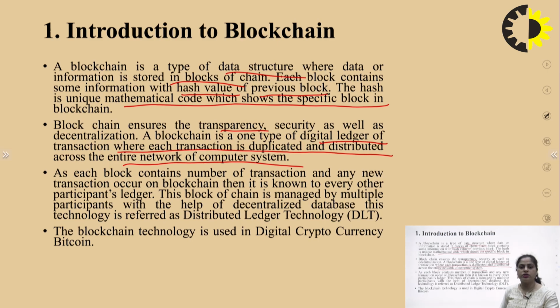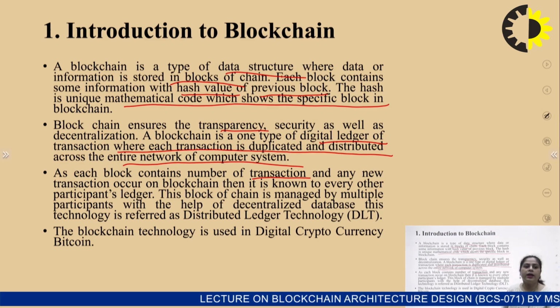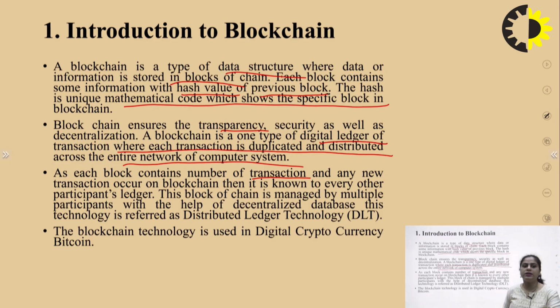As each block contains a number of transactions, when any new transaction occurs on a blockchain, it is known to every other participant's ledger. If any transaction comes to the network, that transaction is known to every participant. This chain of blocks is managed by multiple participants.